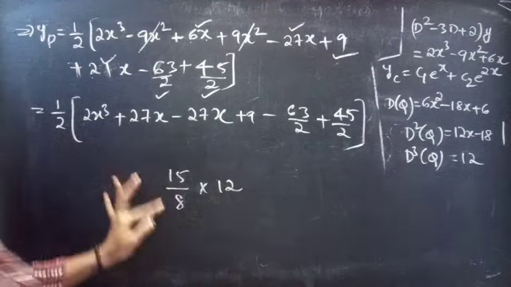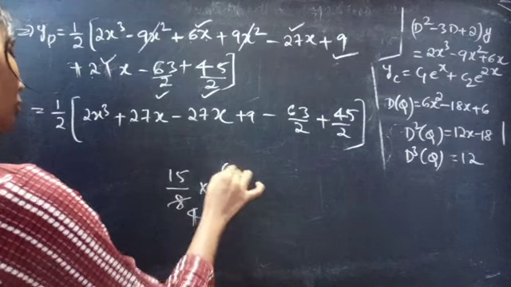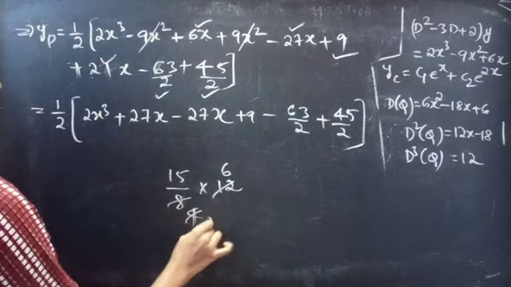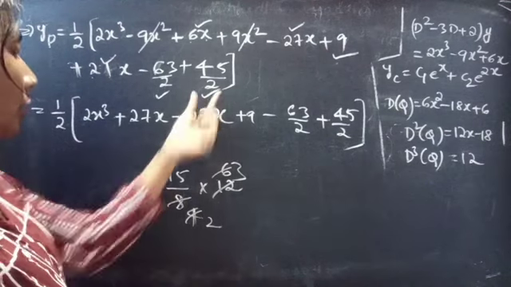See, from 15 by 8 into 12, we got 45 by 2, right?